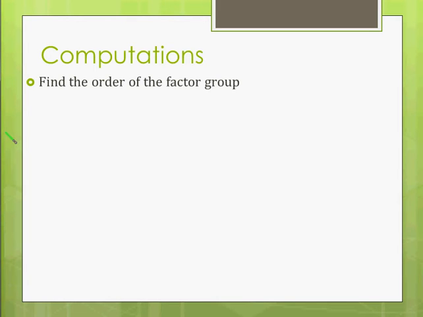Find the order of the factor group. This right here is the factor group: Z8 cross Z2 mod the cyclic subgroup generated by (2,1). So G is Z8 cross Z2, and our subgroup is the cyclic subgroup generated by (2,1).